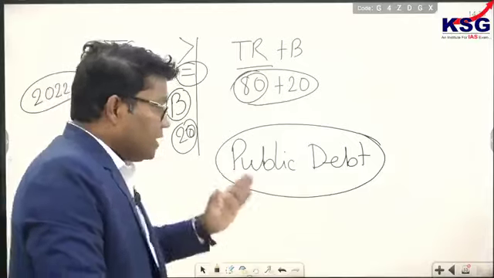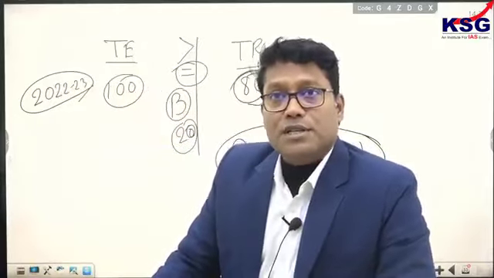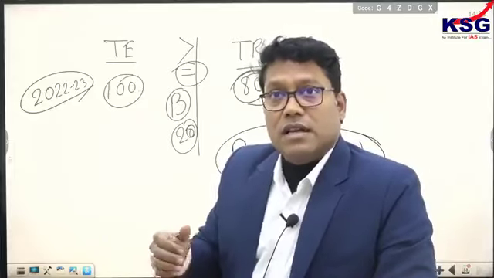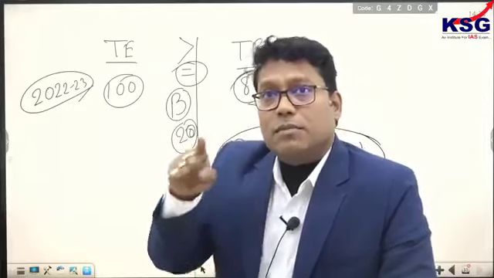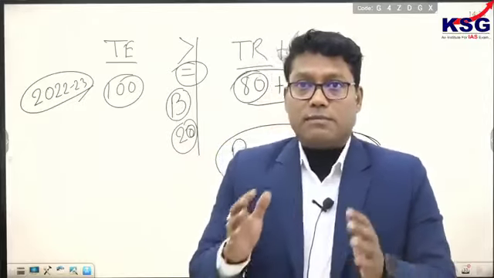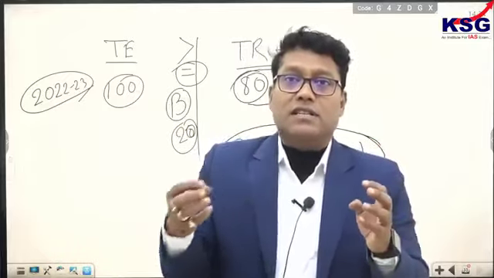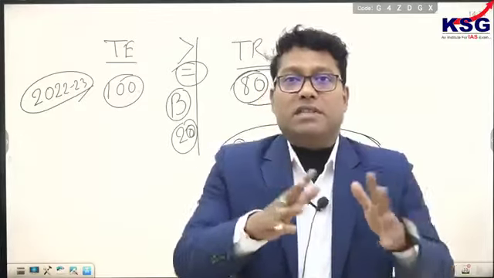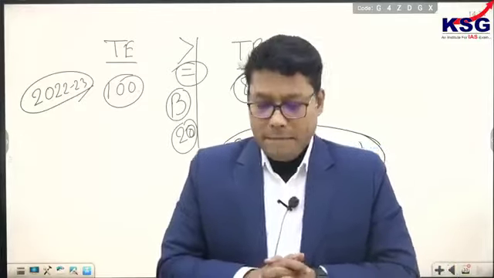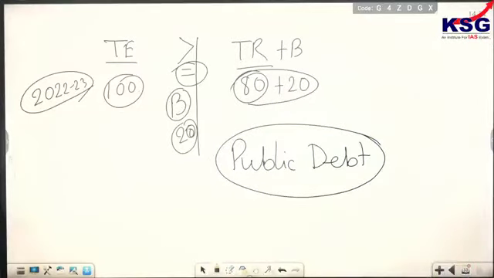But if every year you are in deficit, it means the government is borrowing some amount every year, and that amount is added to the already existing total public debt. So in the total public debt, you added this year's amount also. So it is the net addition to the public debt. Simple one, right? Okay dear? Just check and try to get this.